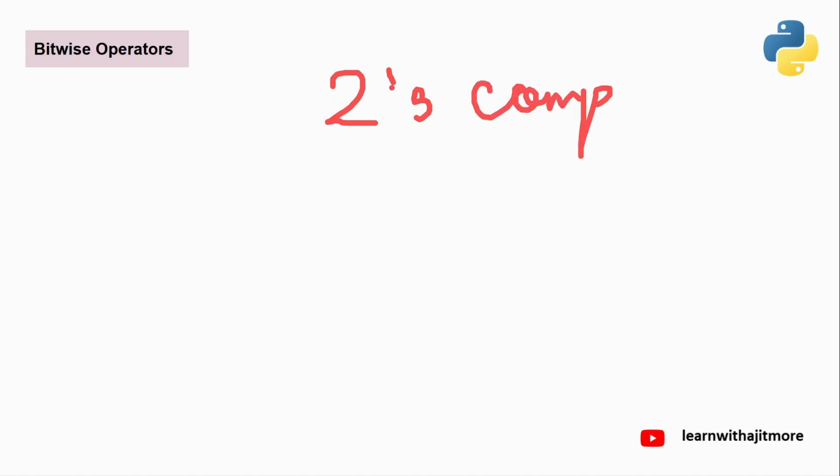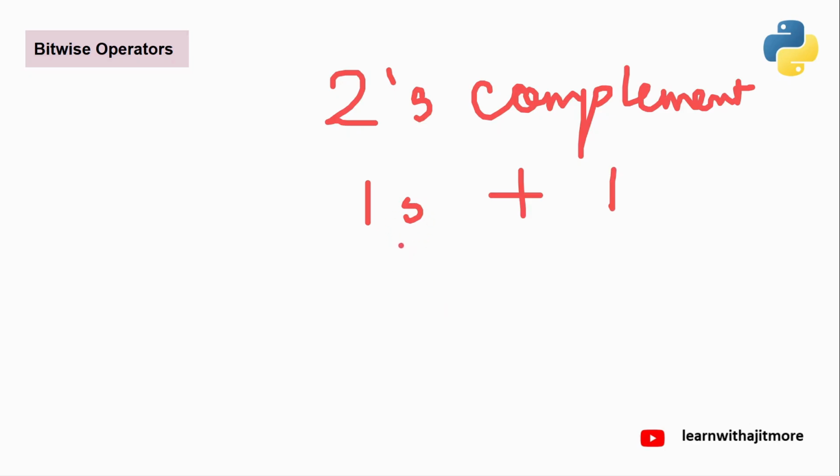Actually, this apostrophe is not needed if I consider English as a language; you only have to write 2's complement form. Okay. 2's complement means what? It is 1's complement plus 1.